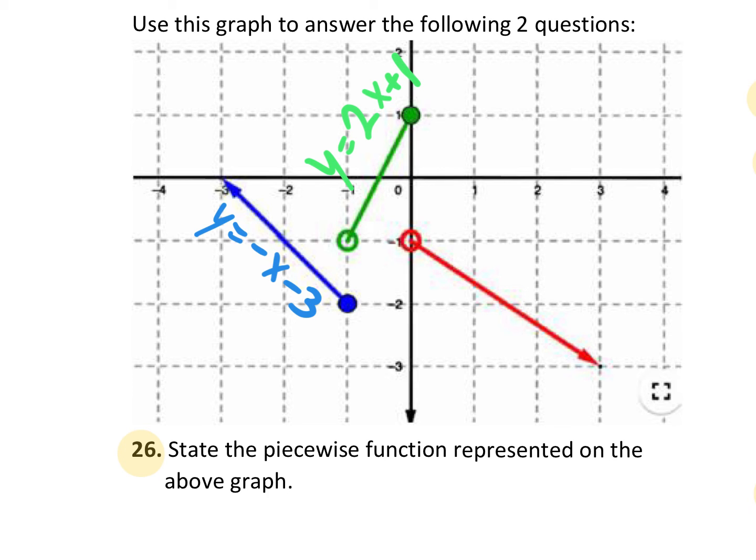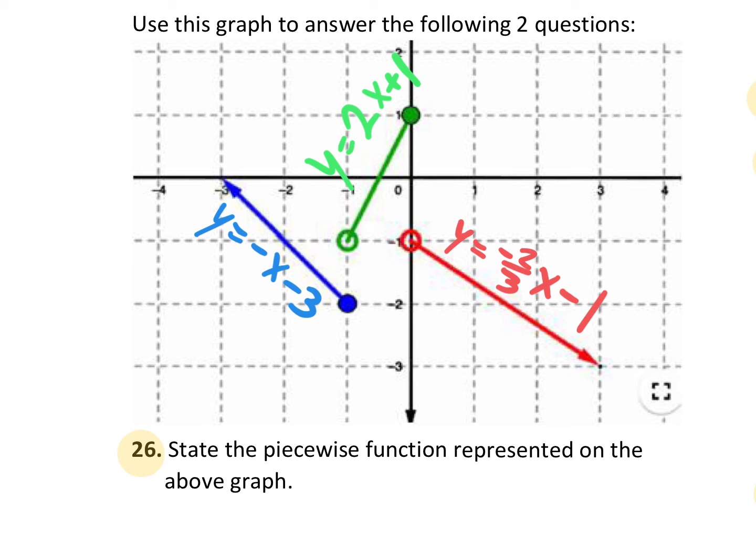And the last one, it's going down 2 over 1, 2, 3. Okay, so you got to pick nice points. This first one and this last one. So down 2, so that's y equals down 2 over 3. That's negative 2/3 with an x, and it does cross the y-axis at negative 1. So those are my 3 equations.